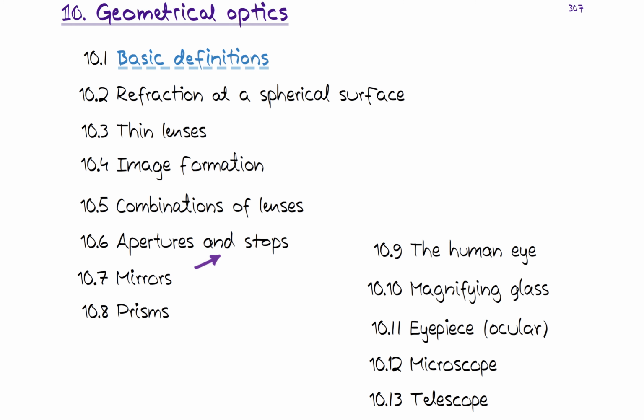Then in lecture 10.6 I will be speaking about apertures and stops. Essentially they are components that allow us to control the amount of light propagating through our lens system. These start to become especially important when we go beyond the paraxial approximation, when we have light rays propagating at angles that are very large compared to rays that propagate mostly along the optical axis.